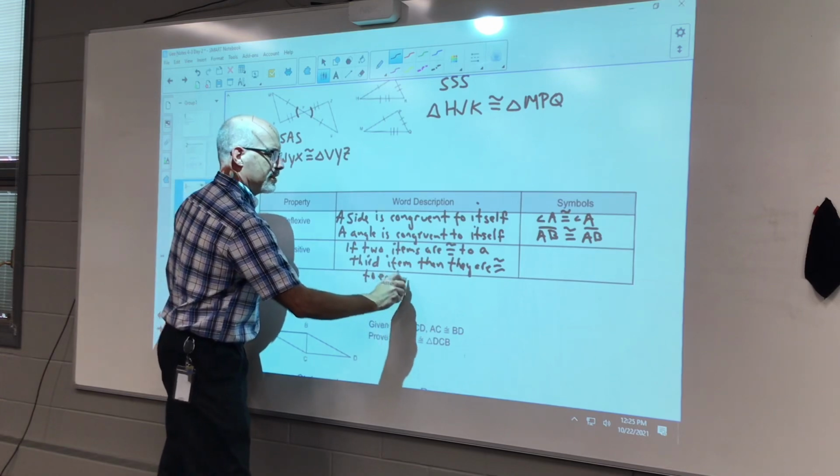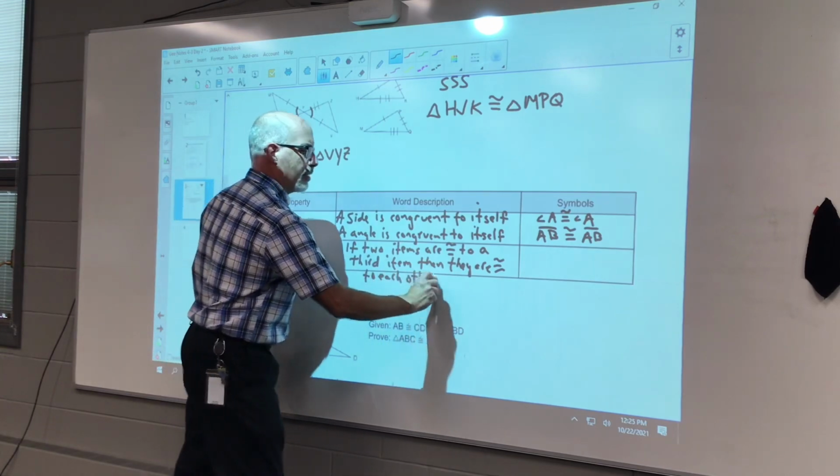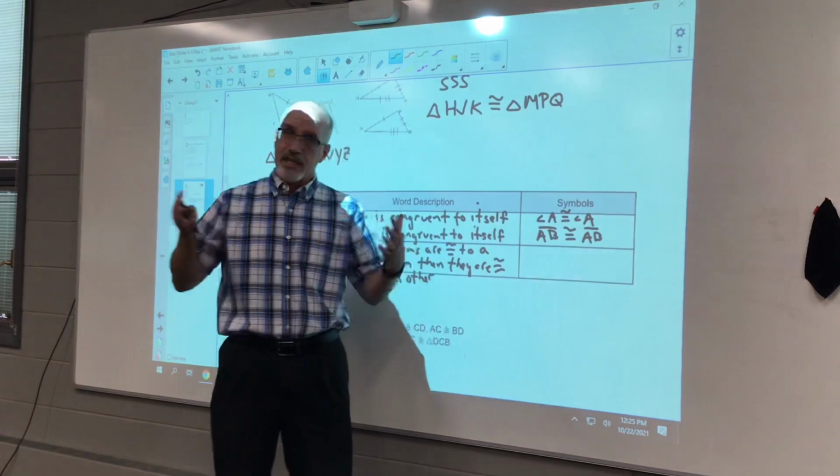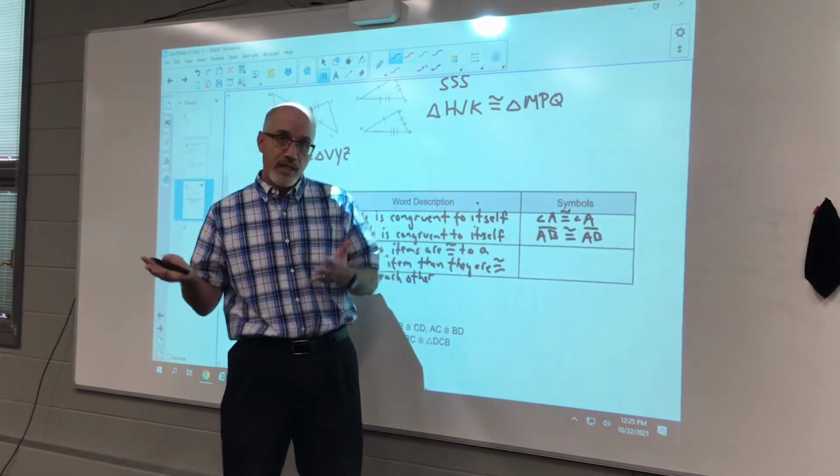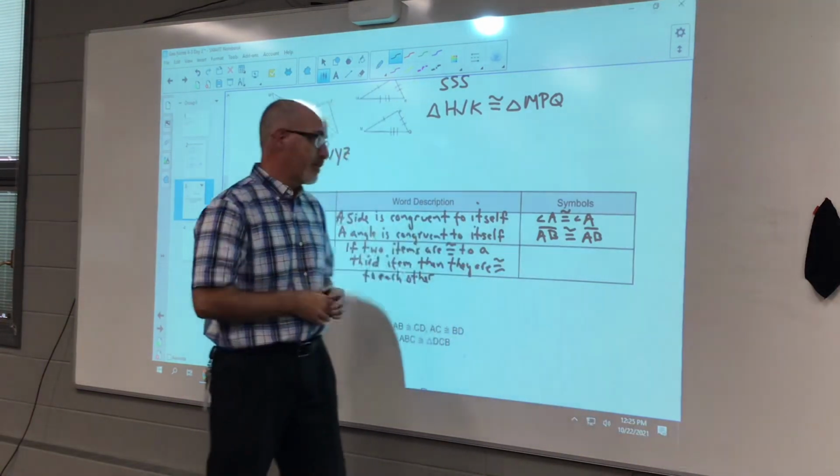Okay, so that just is the way we set up with three different things that they might be able to transfer the congruence to each other.